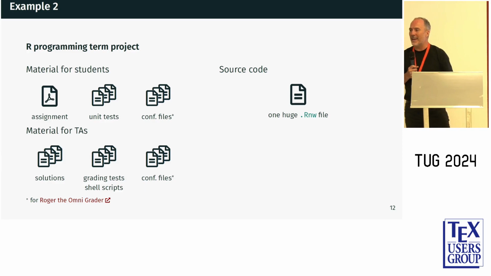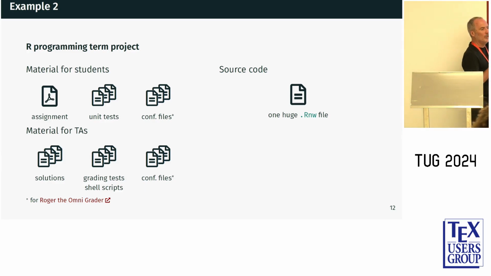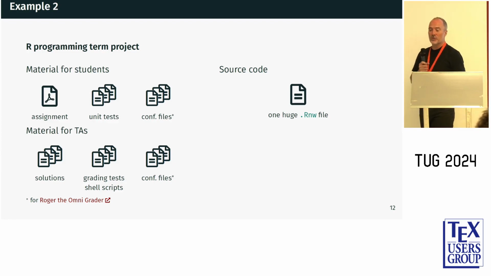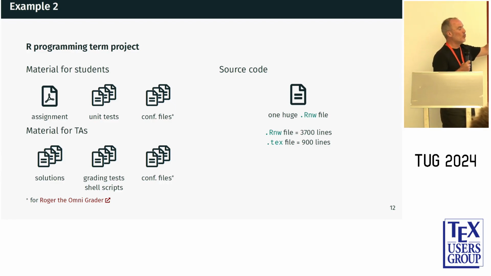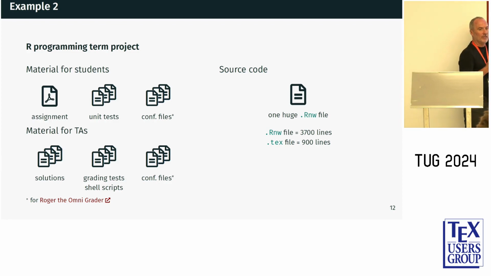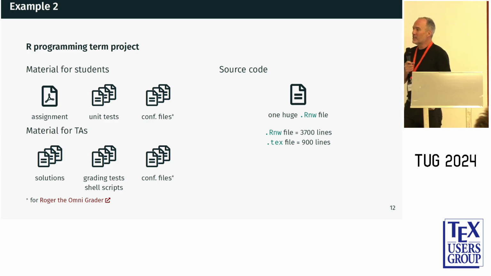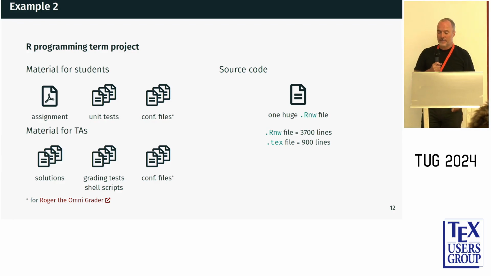The file is not that huge, but it's huge in comparison to the length of the material to create the actual document that the students see. Actually, I have about 900 lines, so about 6 or 7 pages for the material that is distributed to the students, but I have 3 times as many lines of code for everything else. That's all in one file.